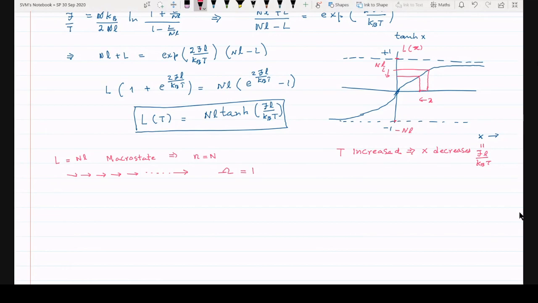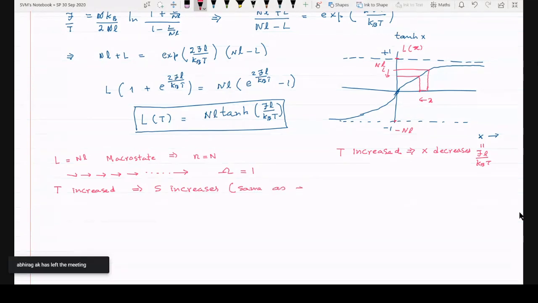Now you can see that if temperature is increased, that implies entropy increases, which is the same as omega increases.